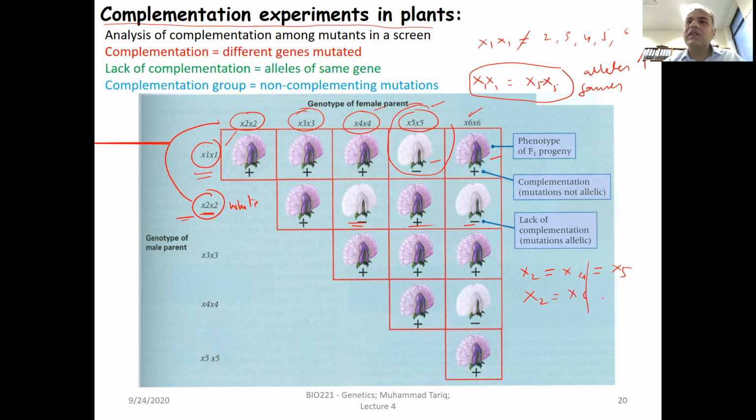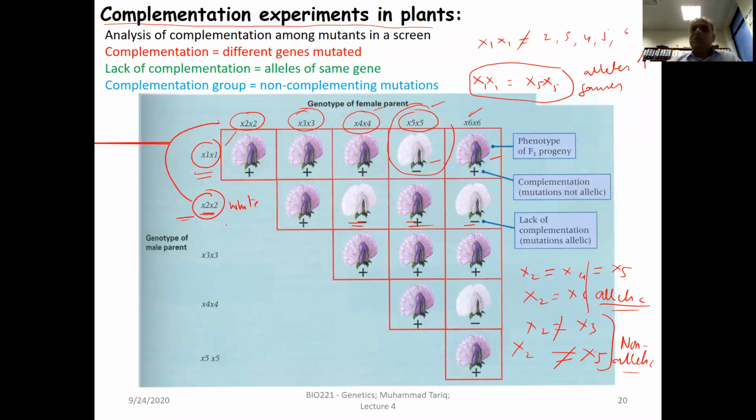They all lie on the same gene. Yes, they are allelic. Okay, they are alleles of the same gene. Very good. And X2, X3 and X2, X5, they are on different genes. Yes, they are on different genes. These are non-allelic. They are independent genes.